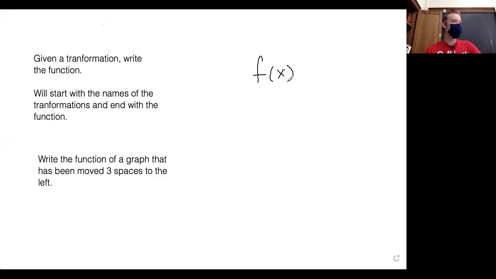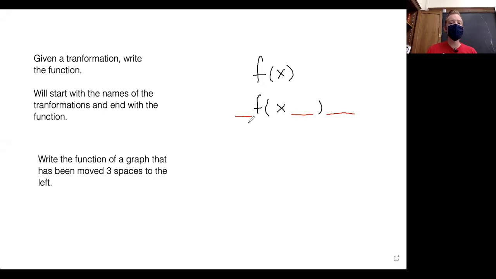That's our parent function. That is what things look like for the start. But we also know that if we have f of x, there's different places that our numbers can show up. We could potentially have a number in front of f for a stretch or a compression. We can have a number inside the parentheses for a horizontal translation, or we could have a number outside of the parentheses on the end for a vertical translation.